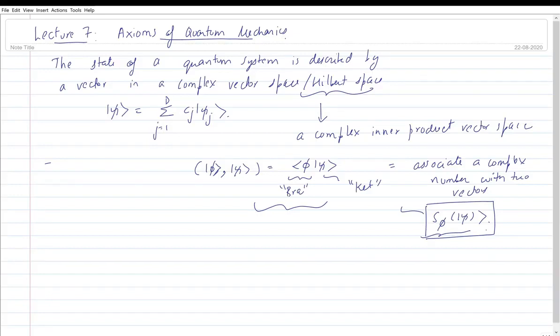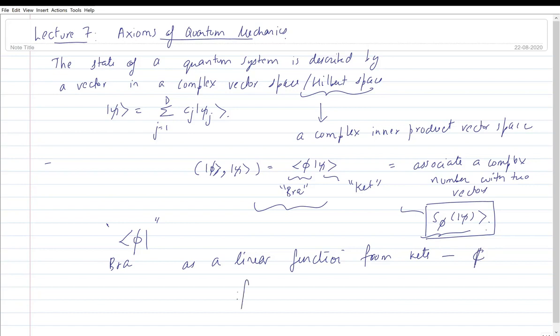So one can regard the bra as a linear function from kets to the complex number space.